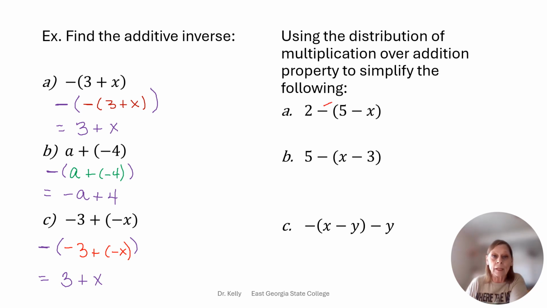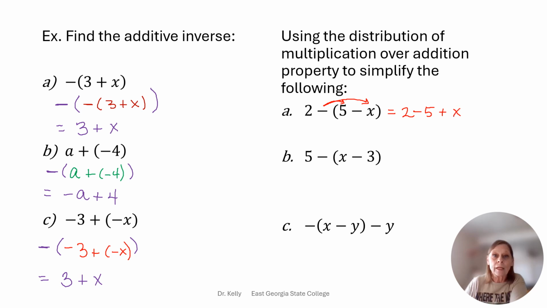So be really careful. I like to make sure that that sign goes to everything that's inside those parentheses here. So this is going to equal 2, and then I've got a negative of a 5, so that's going to give us negative 5, and a negative of a negative x is positive x.